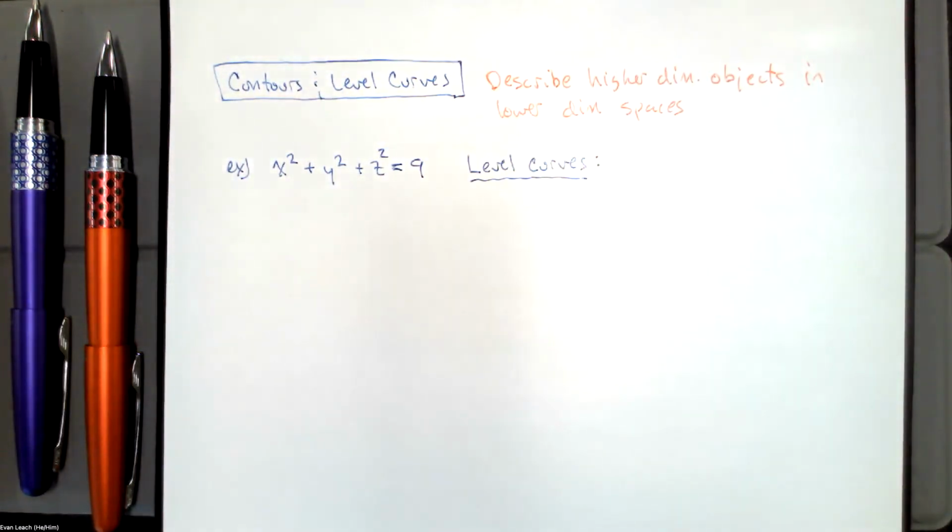For a level curve, we're going to pick one of the variables and give it a constant value. That will drop one of our variables out. So giving one variable a constant value drops us down to a relation between two variables.